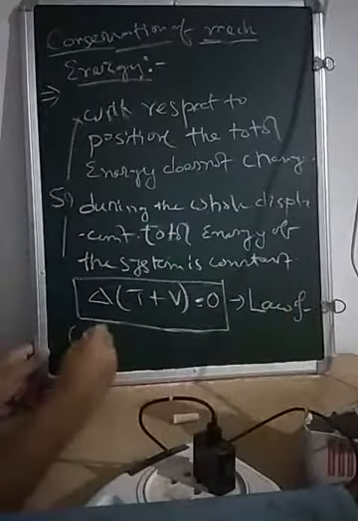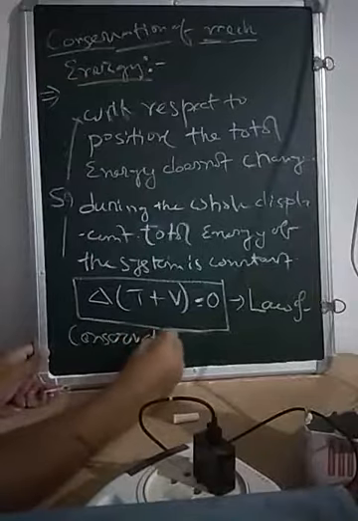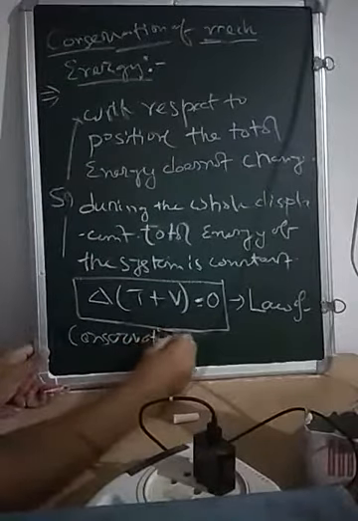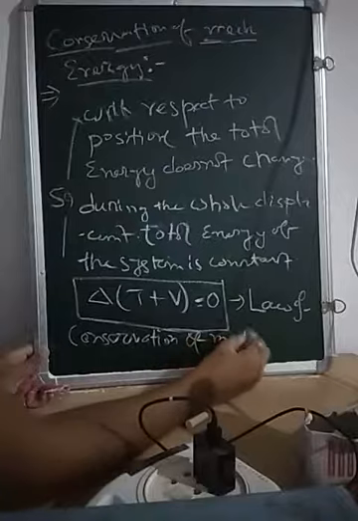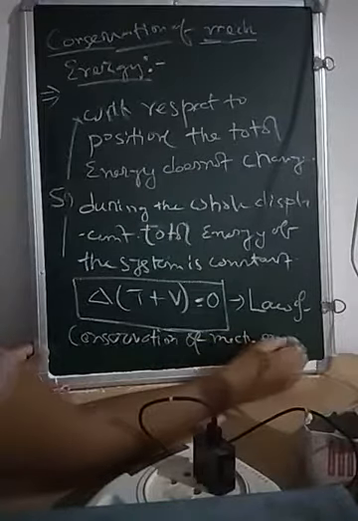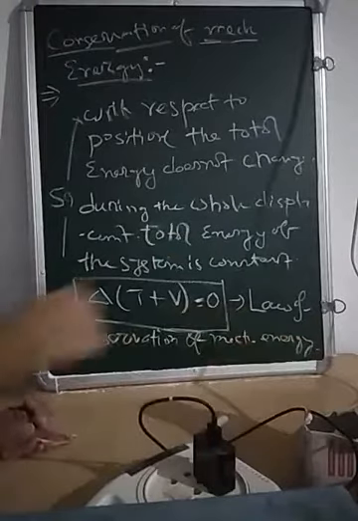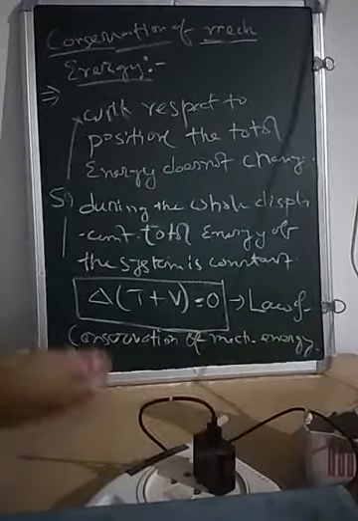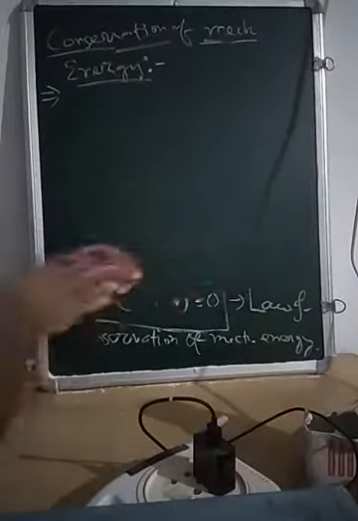Okay. So this is the law of conservation of mechanical energy. How to look at it? From Newton's second law, we get the change in kinetic energy is equal to F dx.